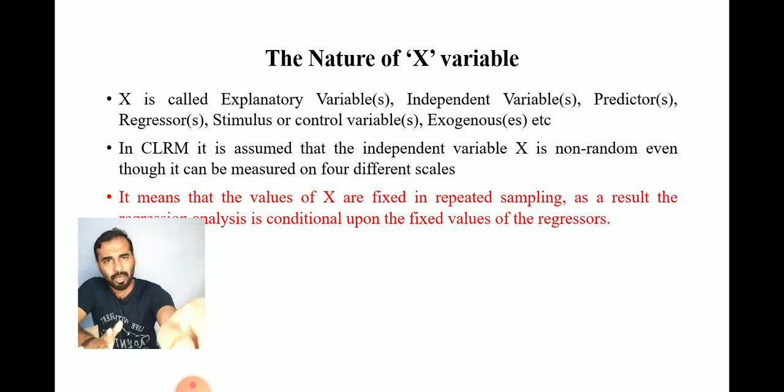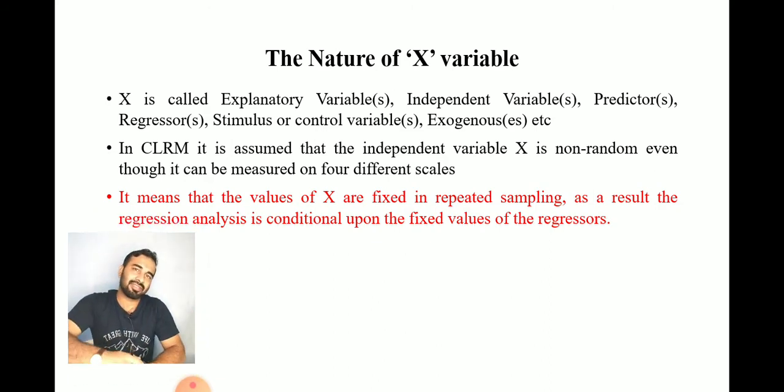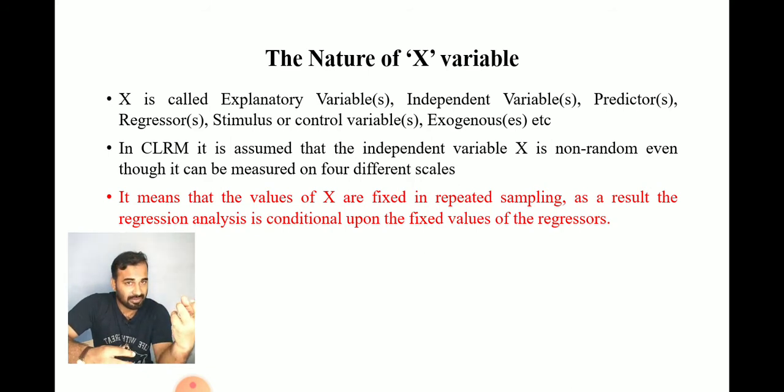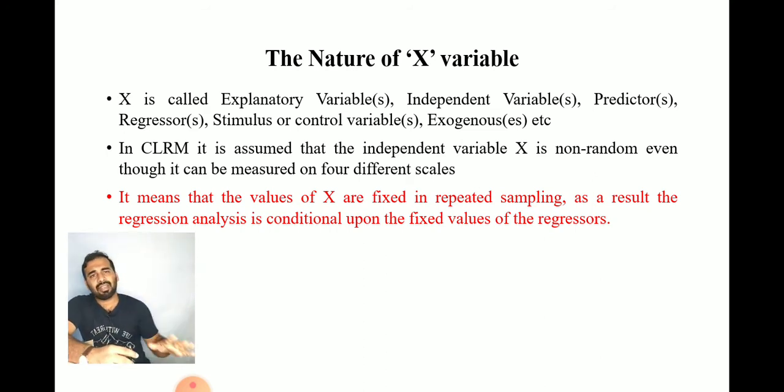We have discussed the dependent variable, now we come to the independent variable. x is called the independent variable, explanatory variable, predictor variable, regressor, stimulus, control or exogenous variable, just the opposite of the previous ones: dependent, predictant, regressand, response, endogenous.